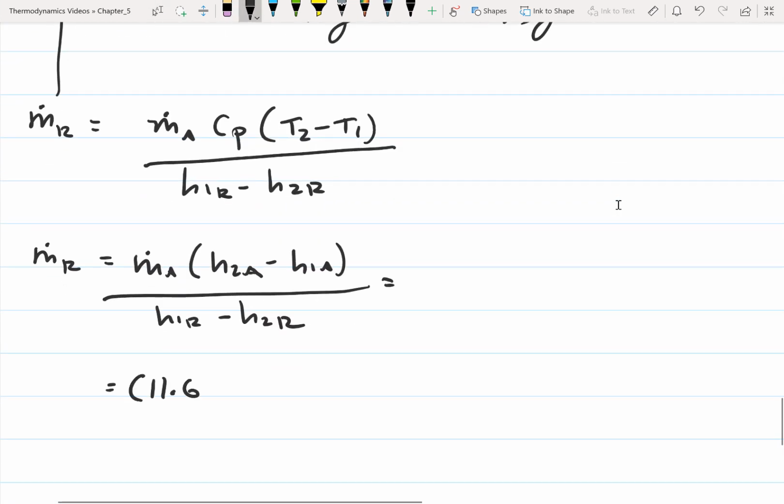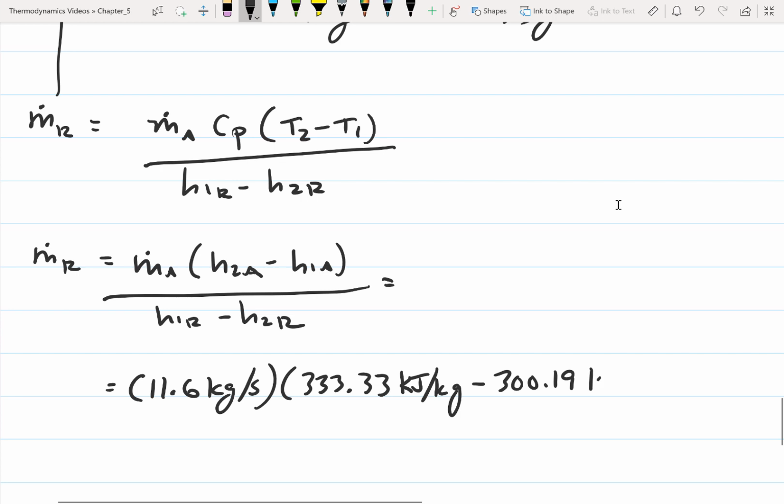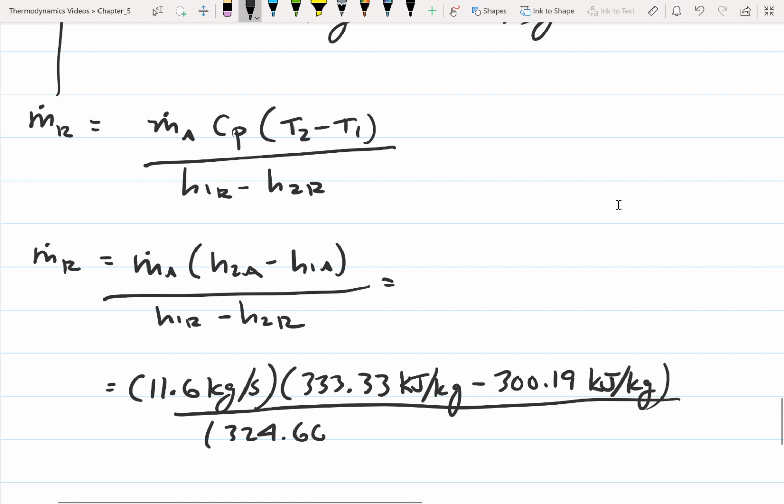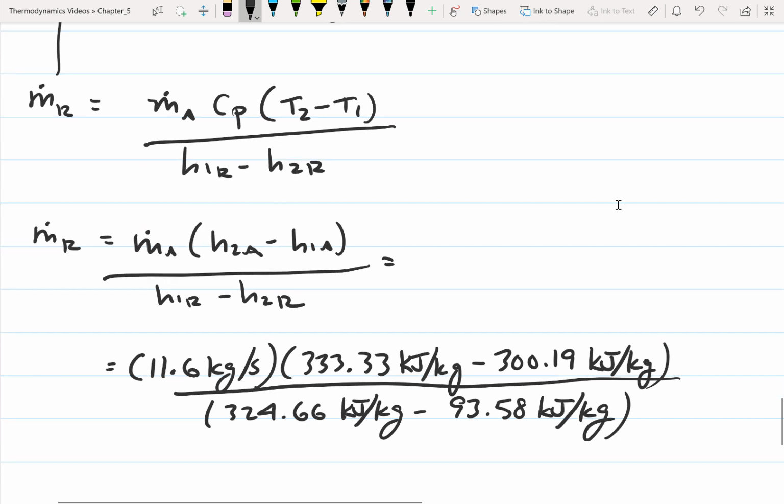11.6 kilograms per second multiplied by H2, the enthalpy of the air at the outlet, which was 333.33 kilojoules per kilogram minus 300.19 kilojoules per kilogram, divided by 324.66 kilojoules per kilogram minus 93.58 kilojoules per kilogram.